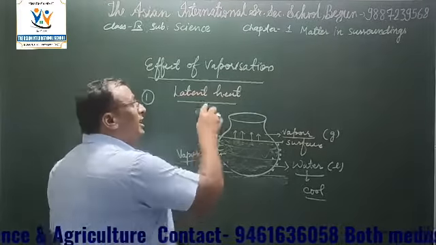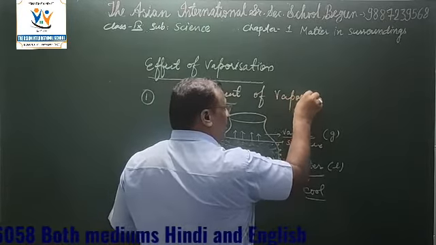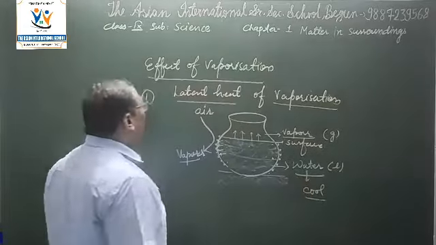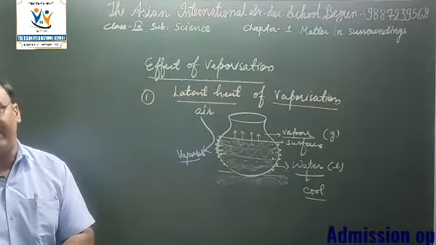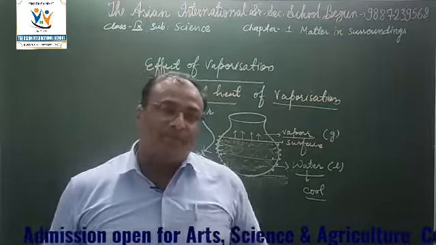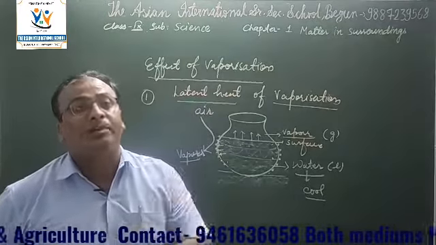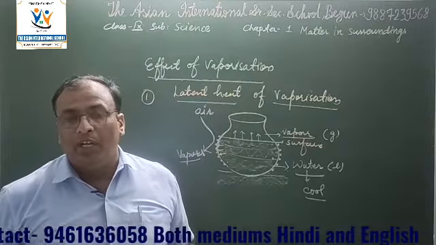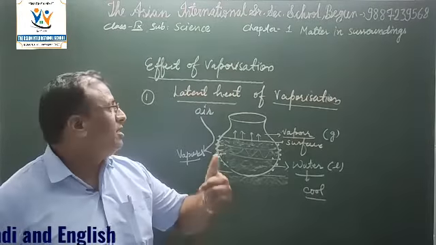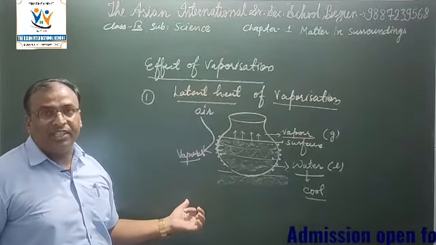This is called latent heat of vaporization. So this is the first effect of vaporization we have seen in our daily life. Why does the water present in the earthen pot become cool, or its temperature become chill? That happens due to latent heat of vaporization.